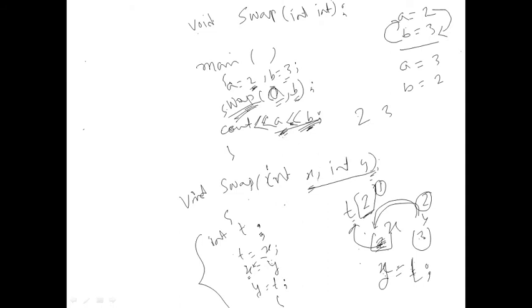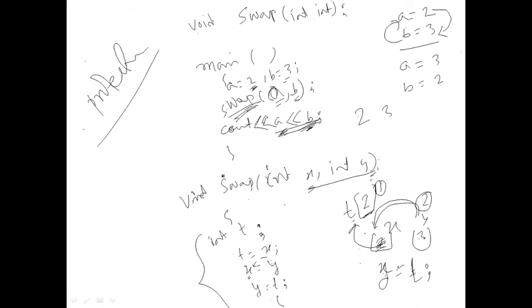If you make changes in the formal argument, it will not affect the actual argument; that is call by value. In call by value, one thing is very advantageous: if you make any changes in the formal arguments, no changes will be reflected in the actual arguments. This is for data protection or security.